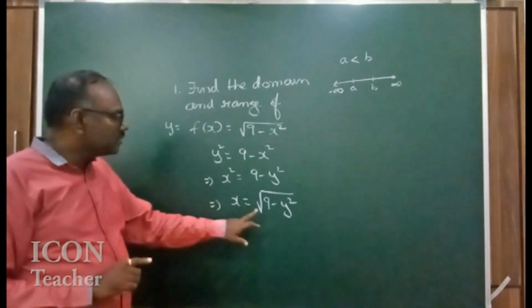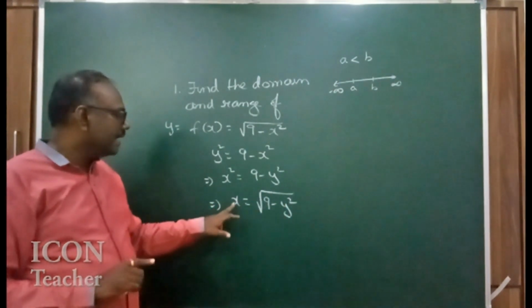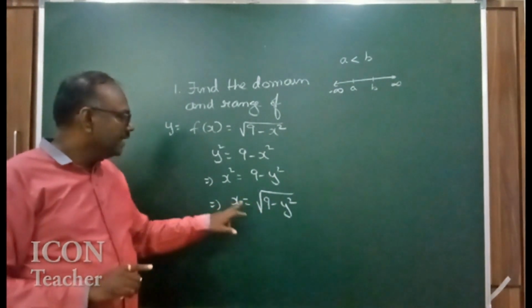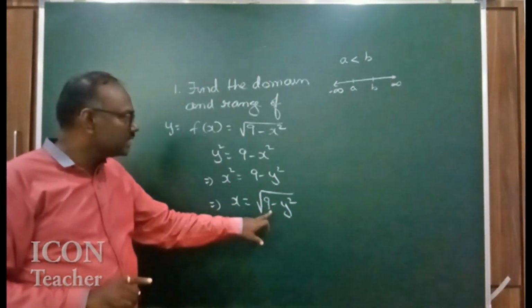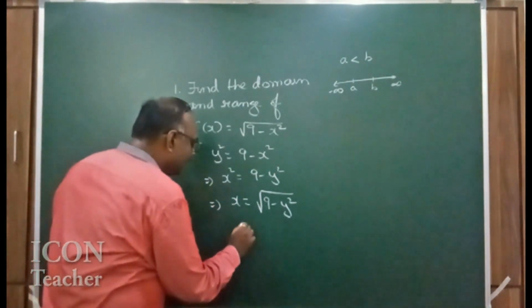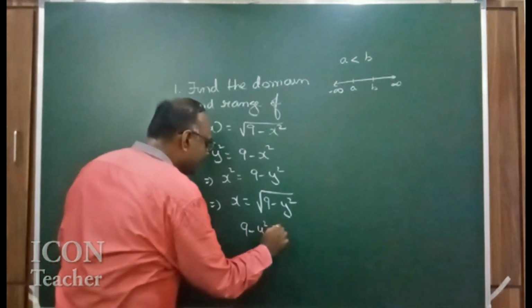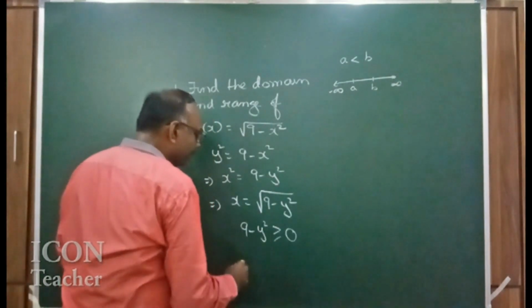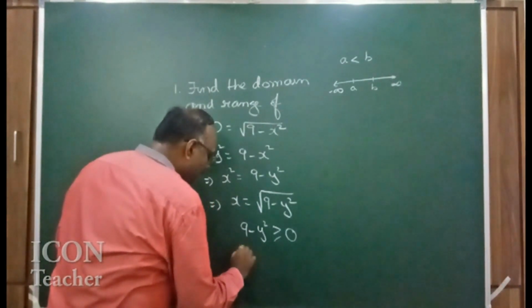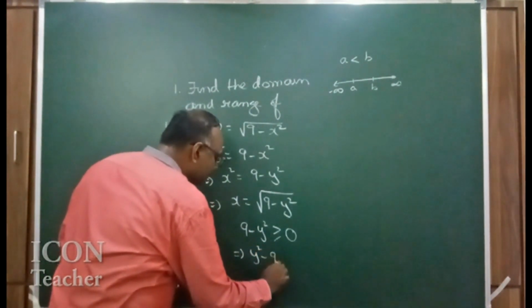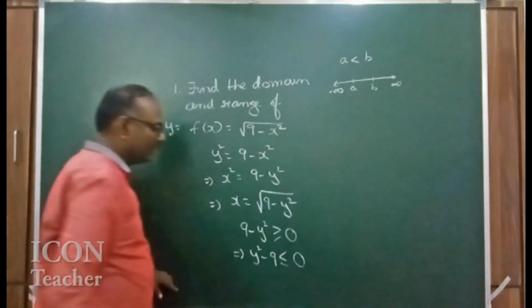So x is equal to square root of 9 minus y square, and x being a square root function is real only if 9 minus y square is positive. So 9 minus y square should be greater than or equal to 0, which implies y square minus 9 is less than or equal to 0.